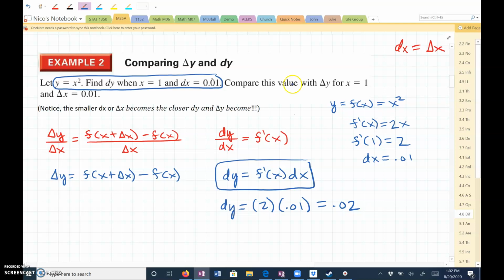They want us to compare this to the value of delta y when x is 1 and delta x is 0.01.